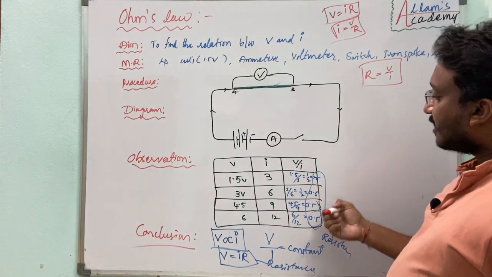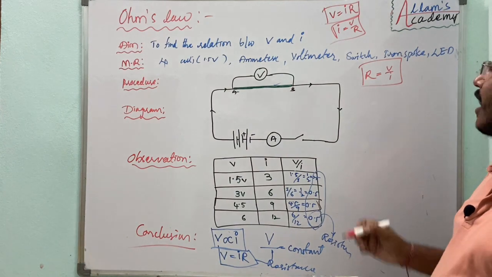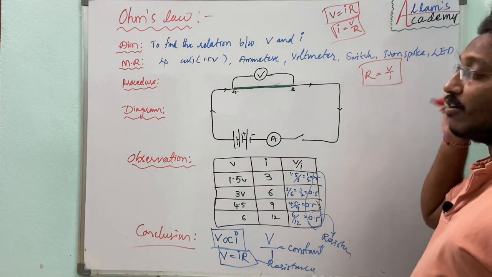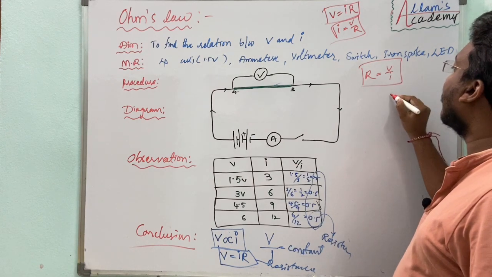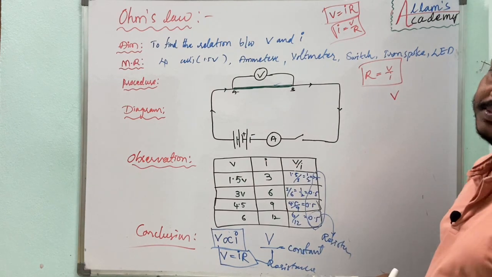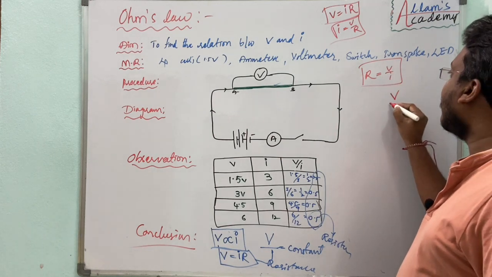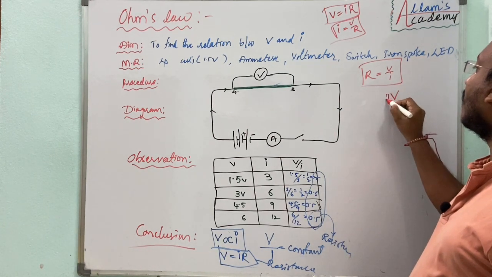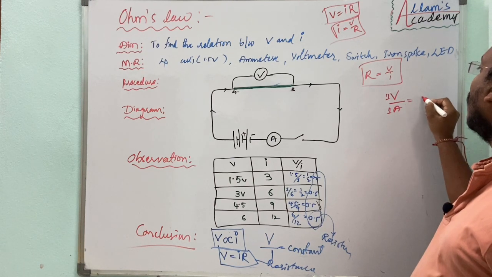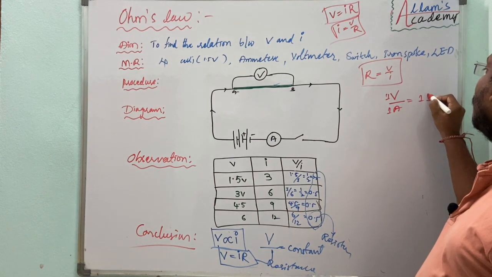So what are the units of resistance? Here we know the unit of potential difference. Yesterday we discussed that potential difference units are volts and current units are amperes. 1 volt per ampere equals 1 ohm.